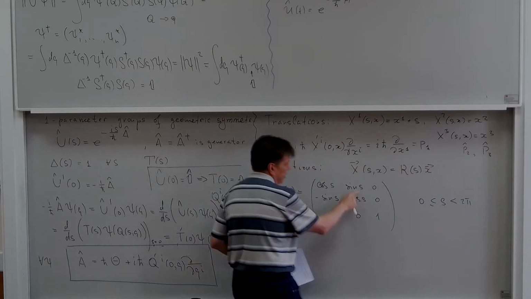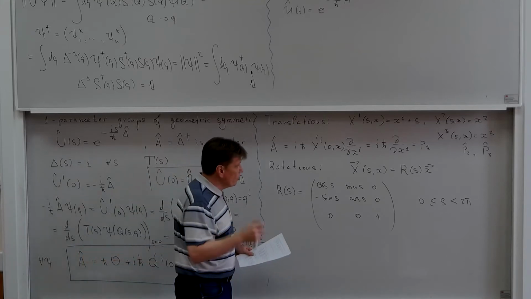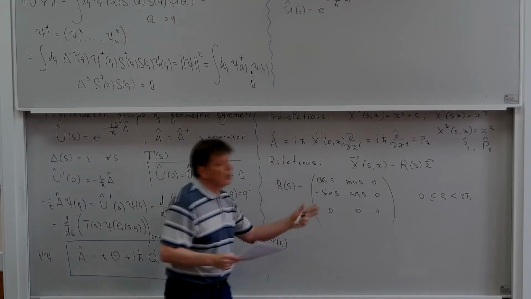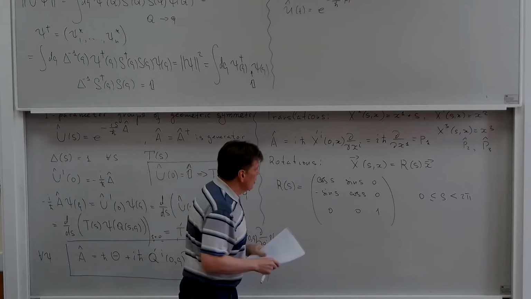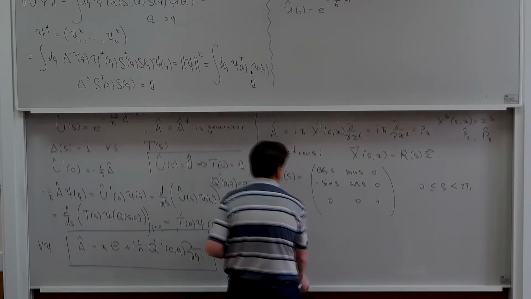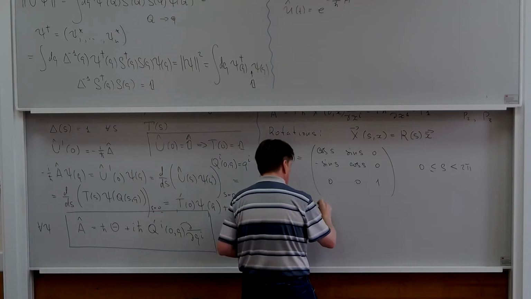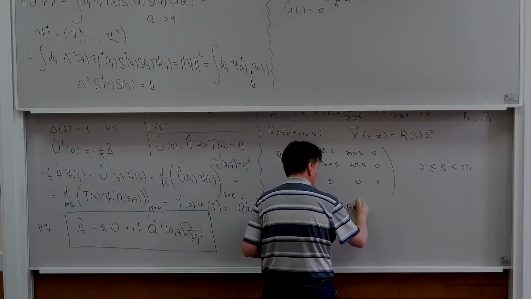So here s is the angle of rotation about the z-axis, the vertical axis. It is clear that this matrix R is unimodular, so that delta, given by the determinant of R, is equal to 1.